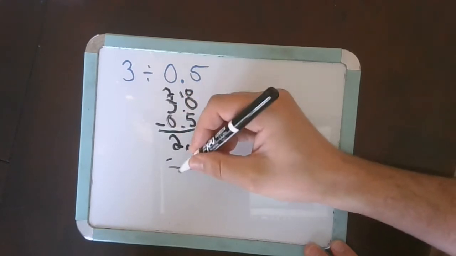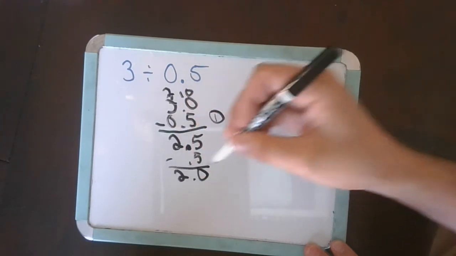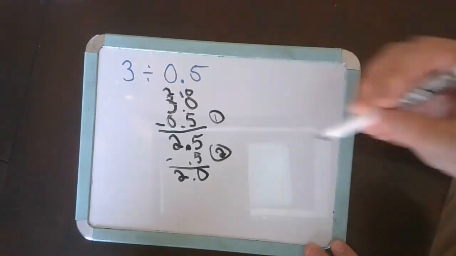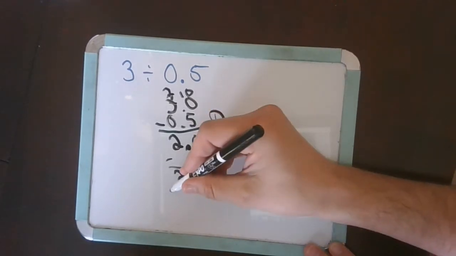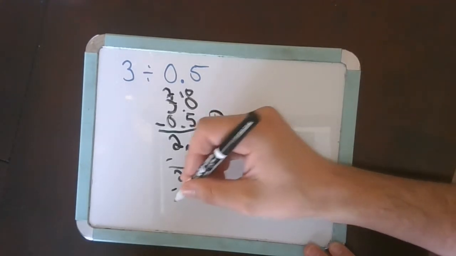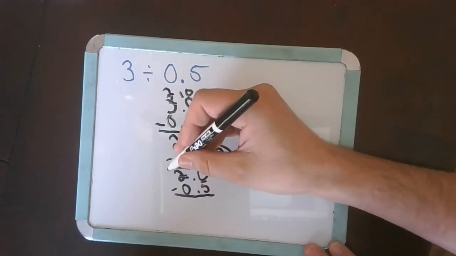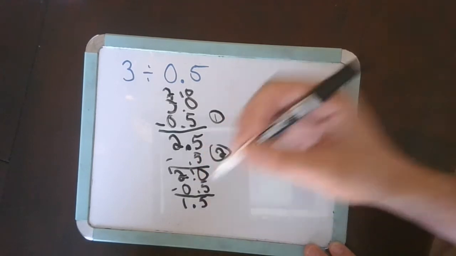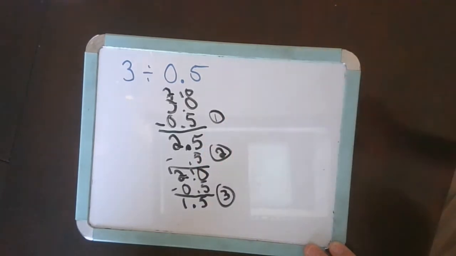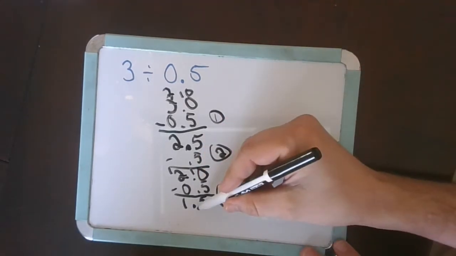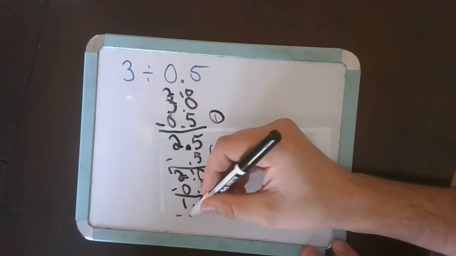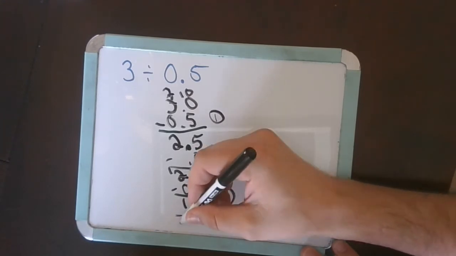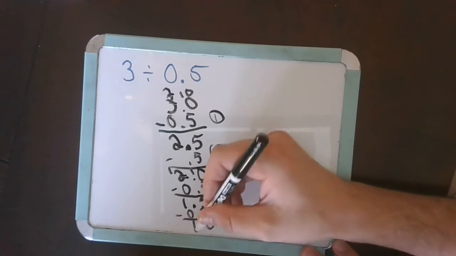So I do my subtraction again, 0. That was the second time I took one away. I can do my subtraction again. I'm going to keep doing the same process over and over again until I only have 0 left, until they're all gone. So I've got 1.5. Taking away another 5/10 drops me down to 1.